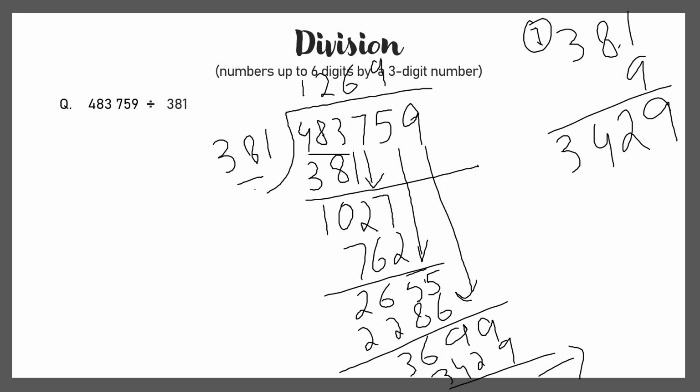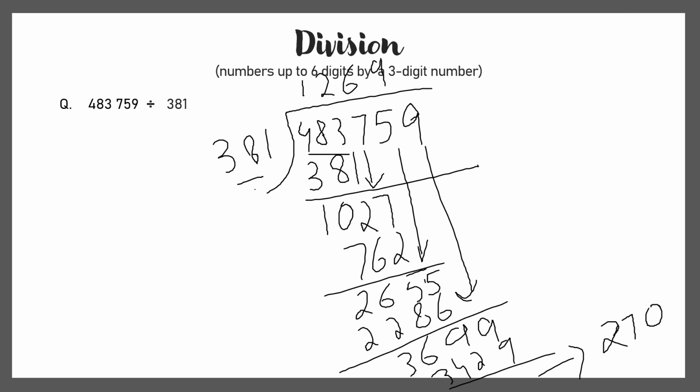Okay, what do we get in remainder? I will write remainder here. It will be 9 minus 9 is 0, 9 minus 2 is 7, and 6 minus 4 is 2. So it is 270. Now the 270 is smaller than this number 381, so we'll stop our division here because all the numbers are finished. We cannot bring a number down here.